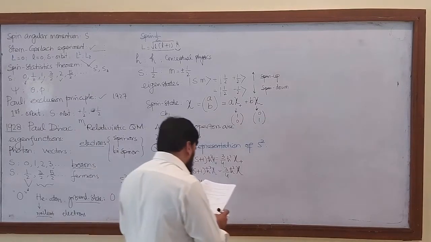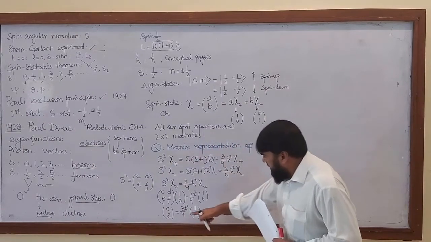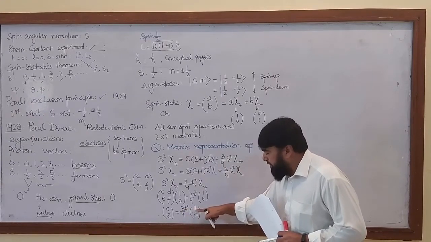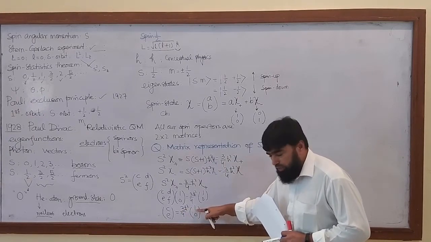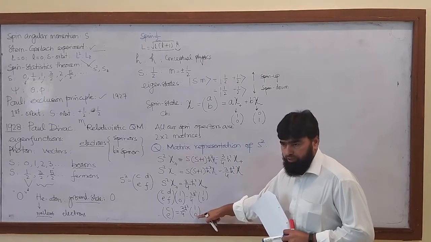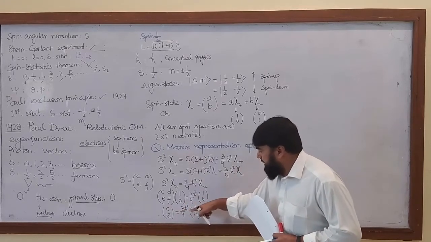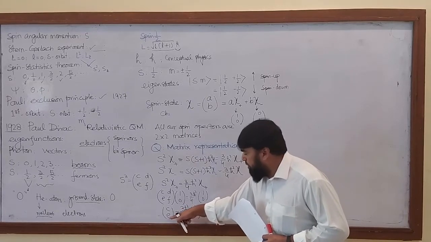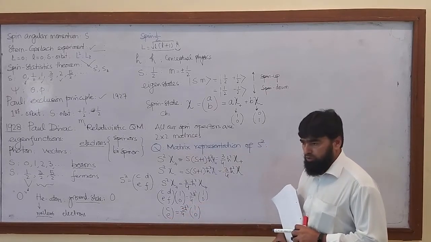When you multiply it here, it will be 3 by 4 h bar square and 0 here. So you can compare this. C is equal to 3 h bar square by 4 while E is equal to 0.